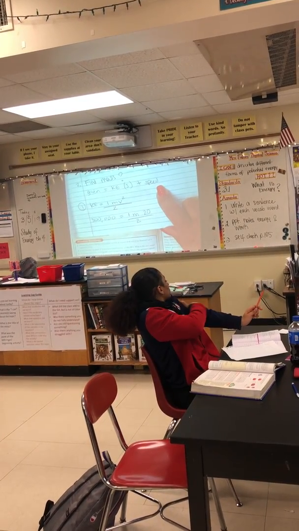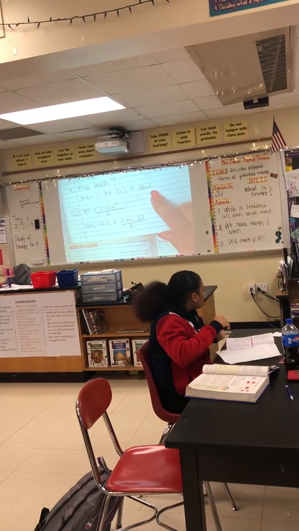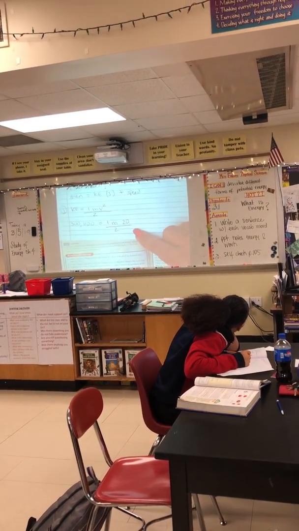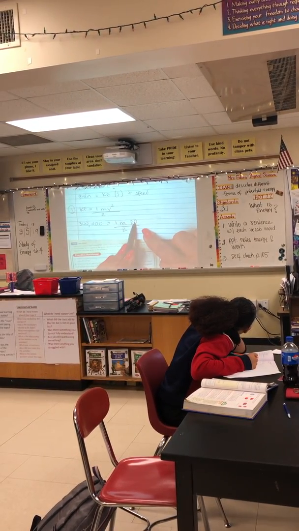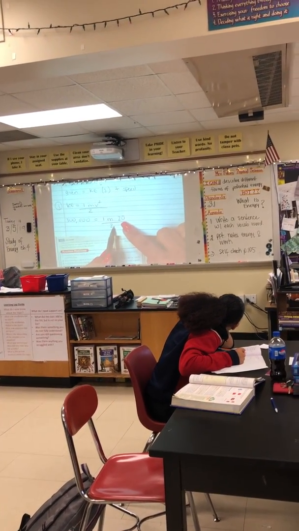So, basic math here. What's my first step? What can I do here? Here are all my numbers. I have 1 times M times 20 divided by 2. Can I simplify this? Yes.